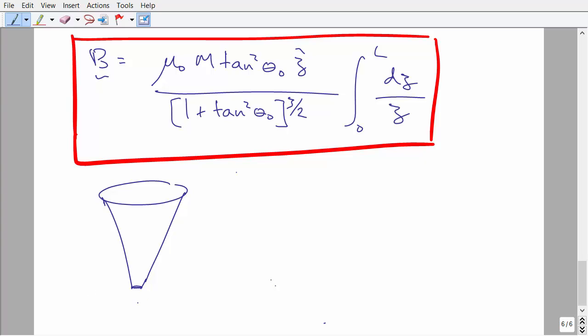So let's say we're still interested in the magnetic field here at z equals 0, but we're going to cut the cone off at this point z equals a, some non-zero number, and so we're going to integrate to z equals L, and this lower bound then becomes an A, and of course now our integral converges, and our final result for B in this case will be the following.